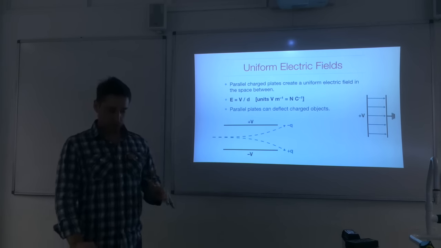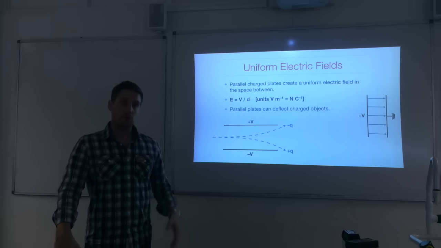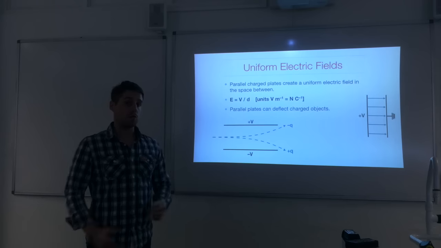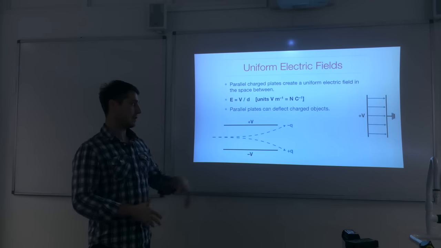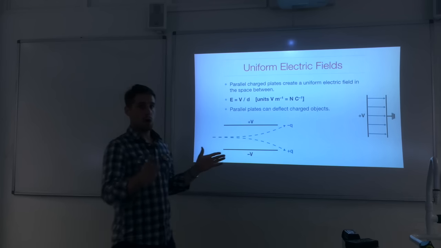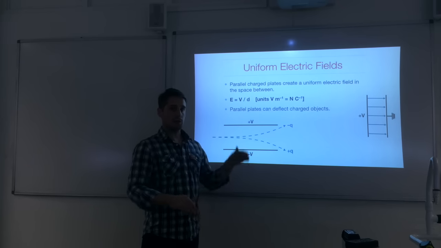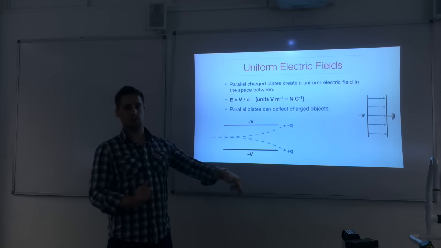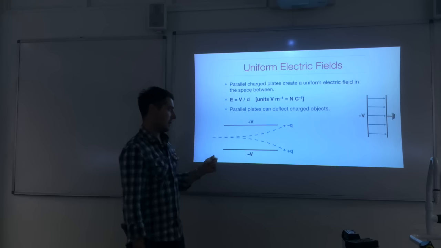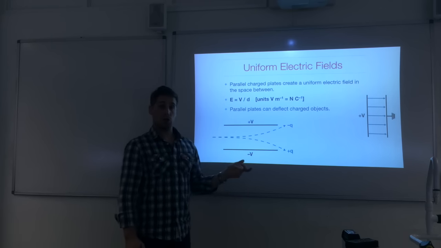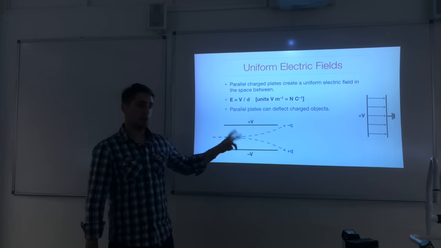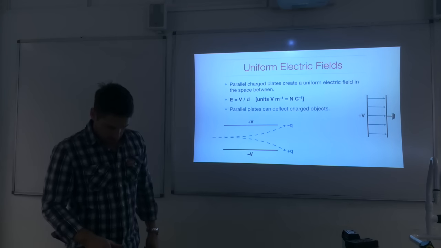And this trajectory is similar to projectile motion in a uniform gravitational field. The difference here is, whereas with the gravitational setup, the deflection is always towards the centre of the Earth, here it depends what charge you have and what the arrangement of the plates is.